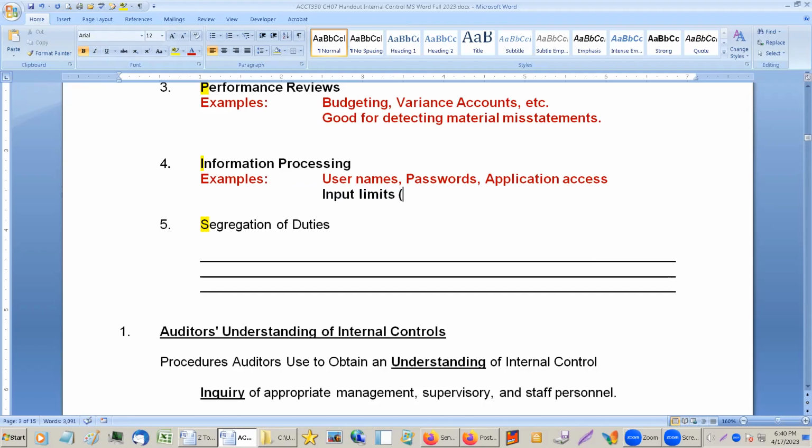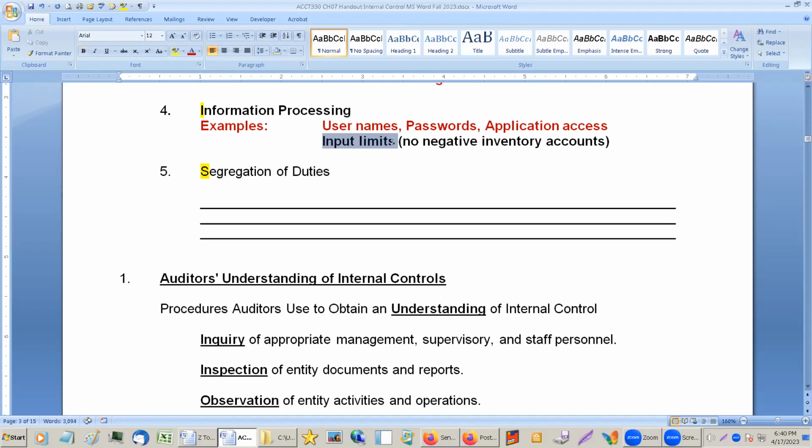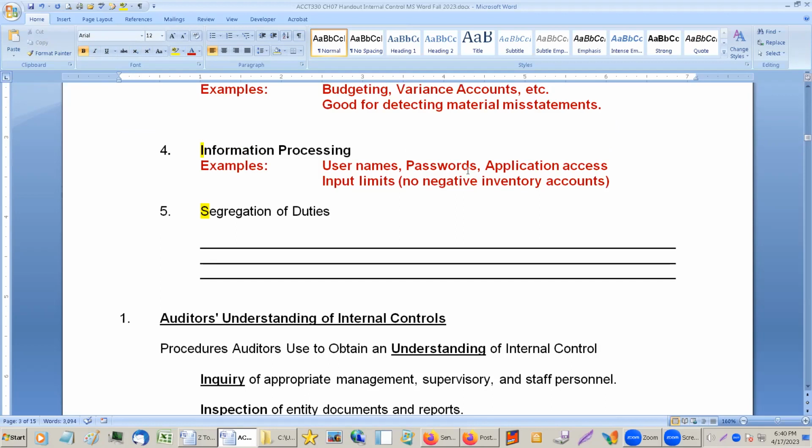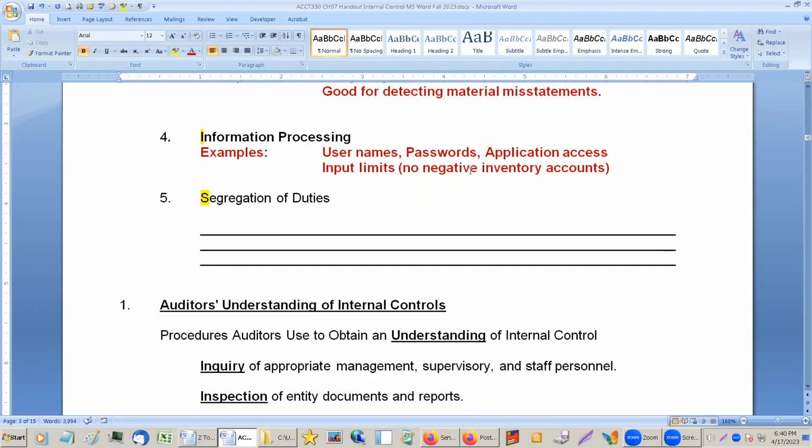For example, you can be down to 0 inventory, but you can't have negative inventory. You can't have negative 10 bars of soap or something. So input limits are hopefully catching things before they actually go into the system itself.